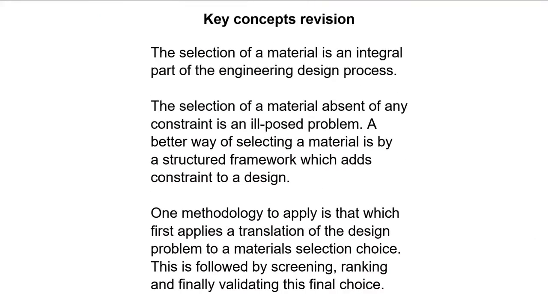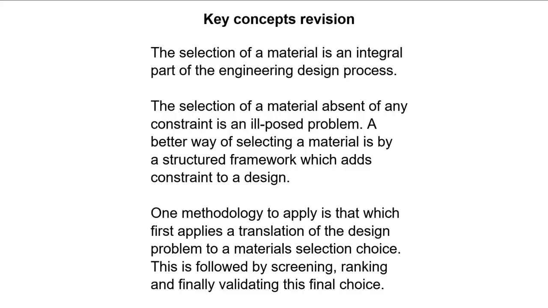So, to review, the material selection process is an integral part of the design process. Without constraining our choices, a selection process absent of a structured approach will lend itself to being very ill-posed. In this part of the lecture, we've described how an overall selection process operates. This process starts first with translating the design problem into an expression or expressions which allow for constraint and objective statements.